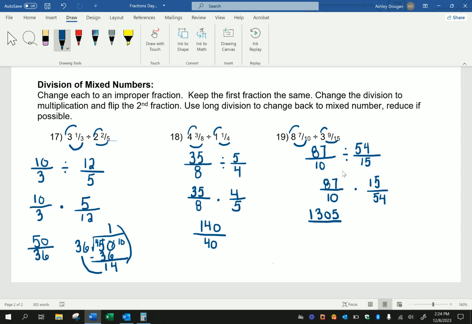And then I have 10 times 54, which is 540. This again is improper, and I started with mixed numbers, so I want to change this answer into mixed number form by using long division.